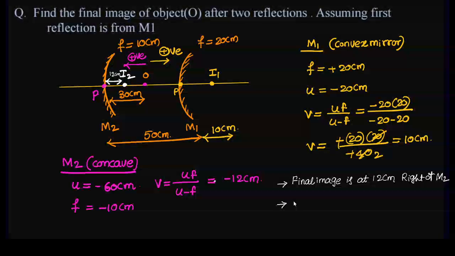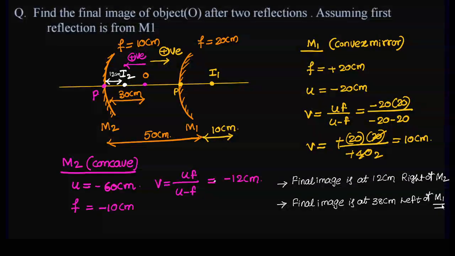Or we can write the final image is at how much distance? Total is 50. So this value is 38, na? Yes, sir. 38 centimeters left of M1.